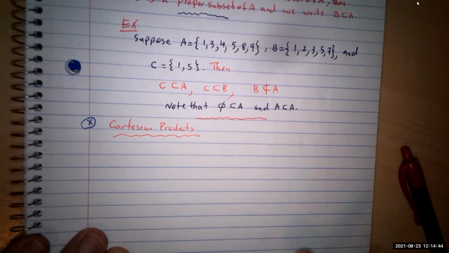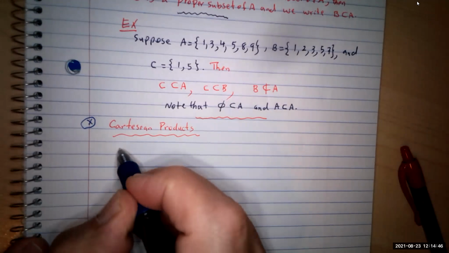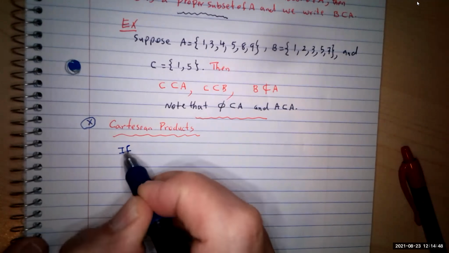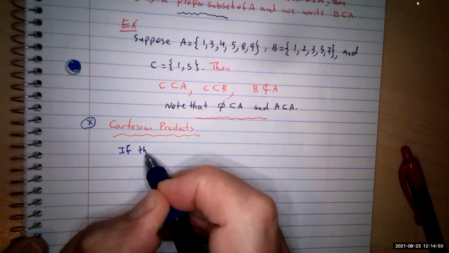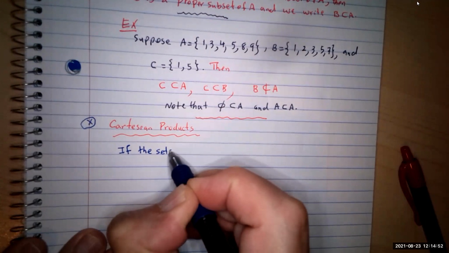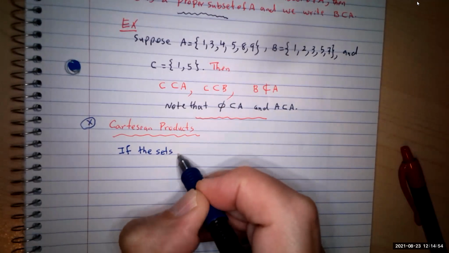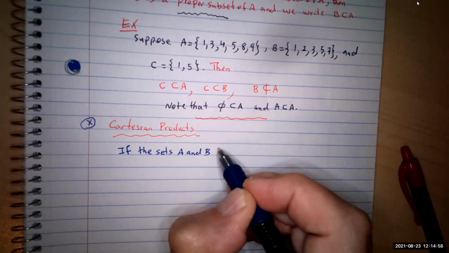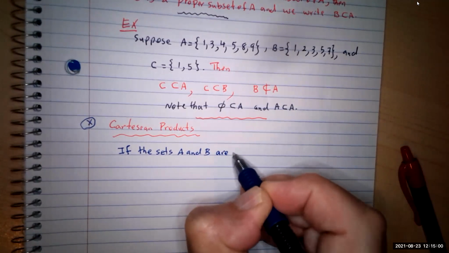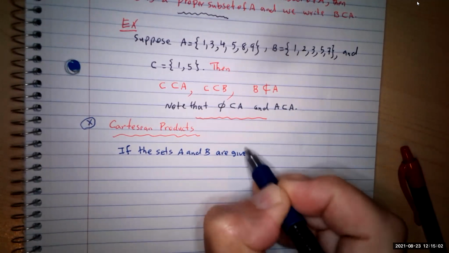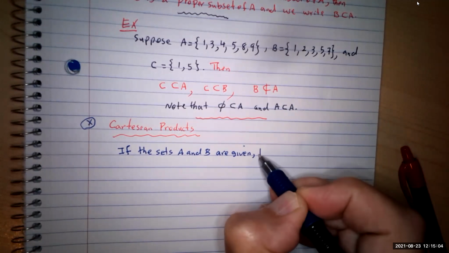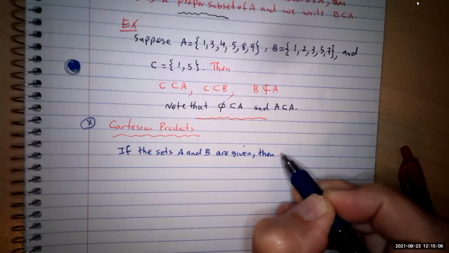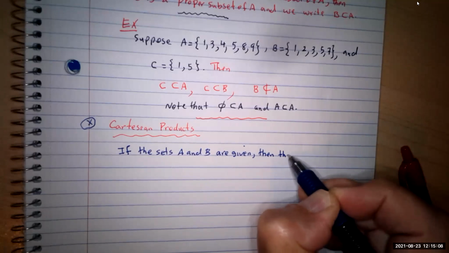So if two sets are given to you, if I write it down and then I explain it again, if the sets A and B are given, then the Cartesian product.